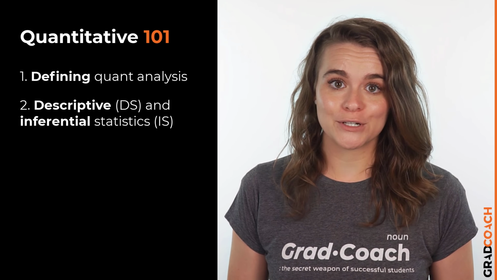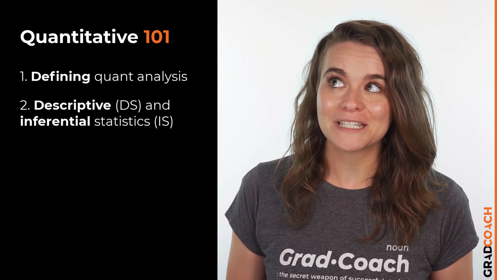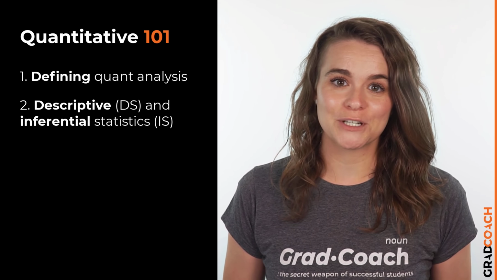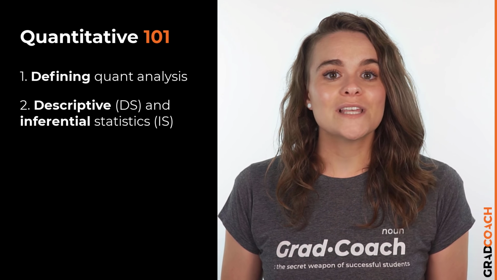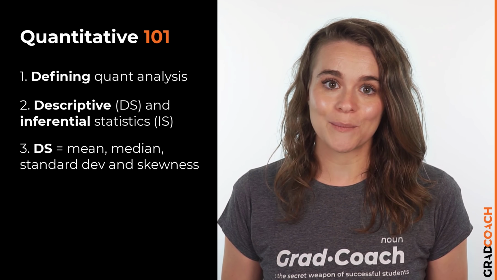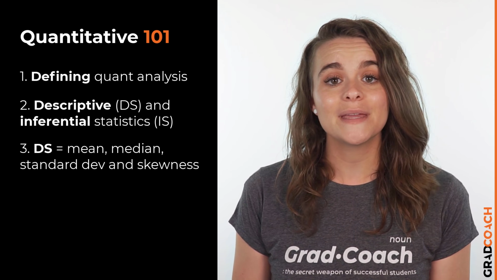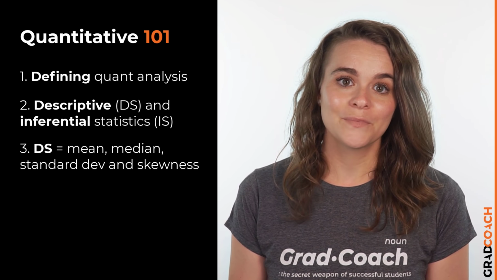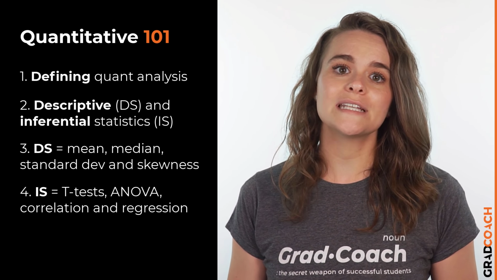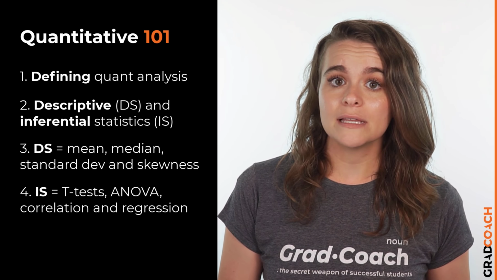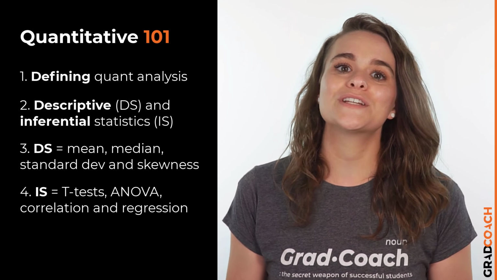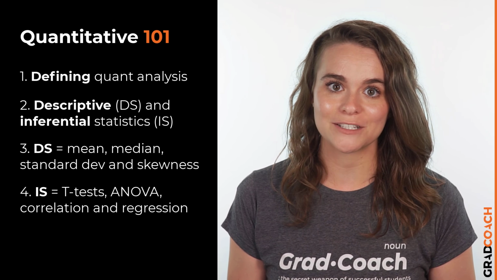Descriptives describe your sample, the slice of the cake, while inferentials make predictions about what you'll find in the population, the full cake, based on what you've observed in the sample. As we saw, common descriptive statistical metrics include the mean, the median, the mode, standard deviation, and skewness. On the inferential side, we looked at t-tests, ANOVAs, correlation analysis, and regression analysis, all of which can help you make predictions about the population.